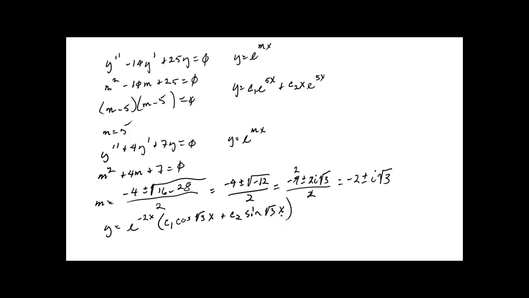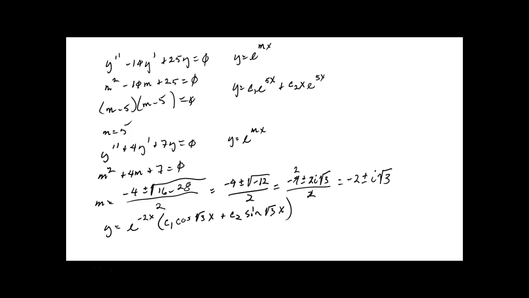The alpha goes in front, and then the beta goes as the argument times your variable, of your cosine root 3x, sine root 3x, with arbitrary coefficients. Plus in between, don't put a minus. It doesn't matter. The C could absorb the minus sign, but that's what you get.